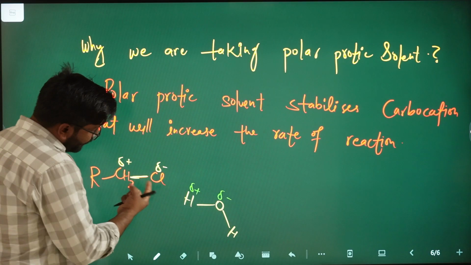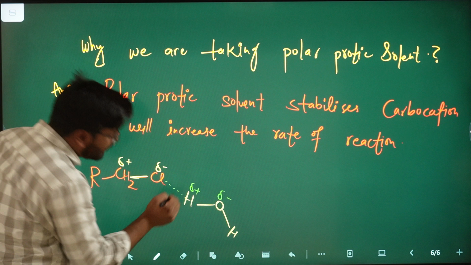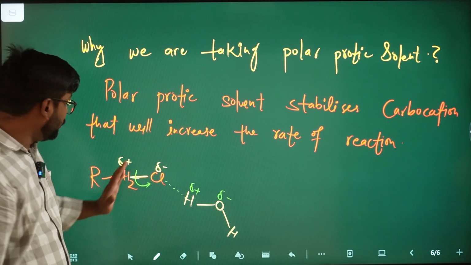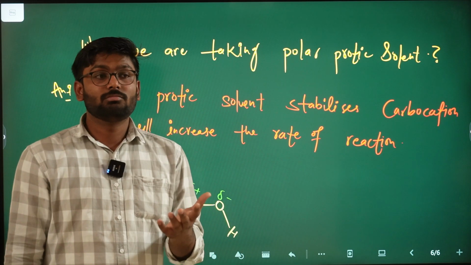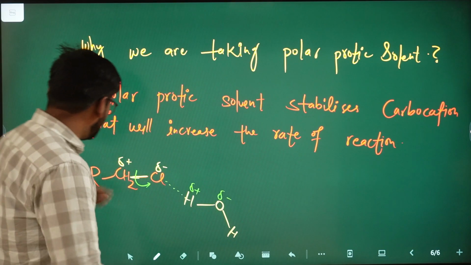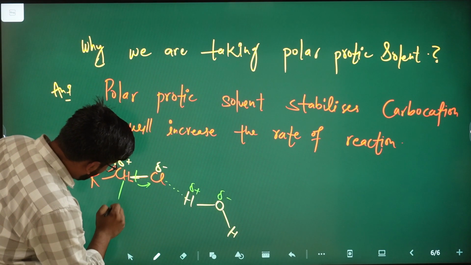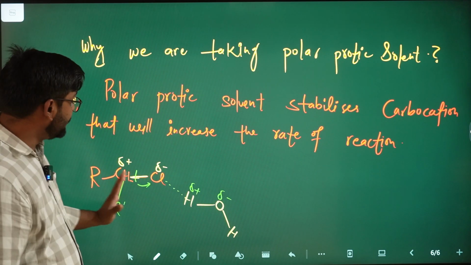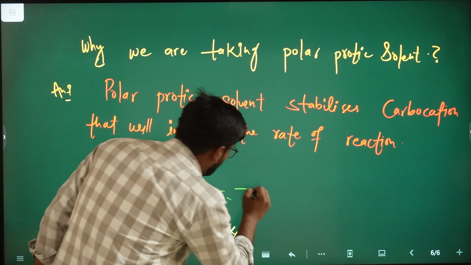So if chlorine is not going outside, this will interact with it and help it go outside. Although 1 degree will not go by SN1 reaction, for example we can take 2 degree also. So if a 2 degree alkyl halide is there, then this will help to form the carbocation.